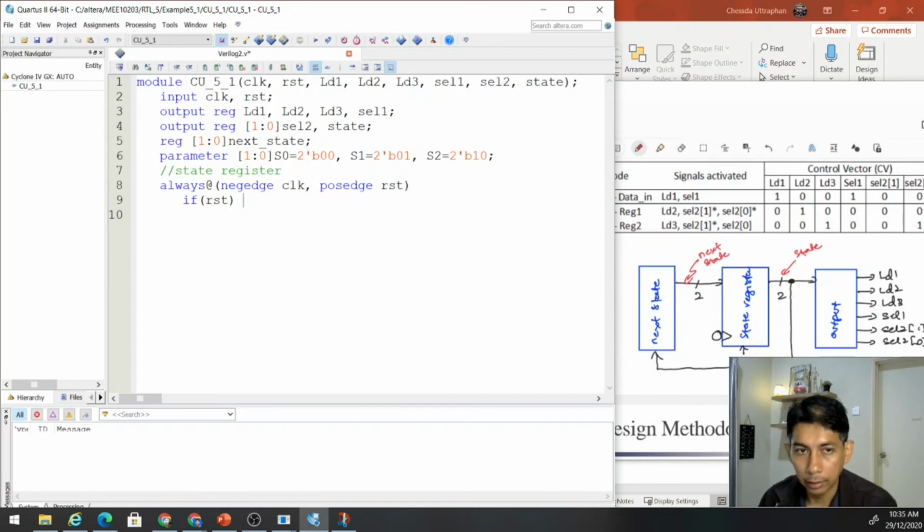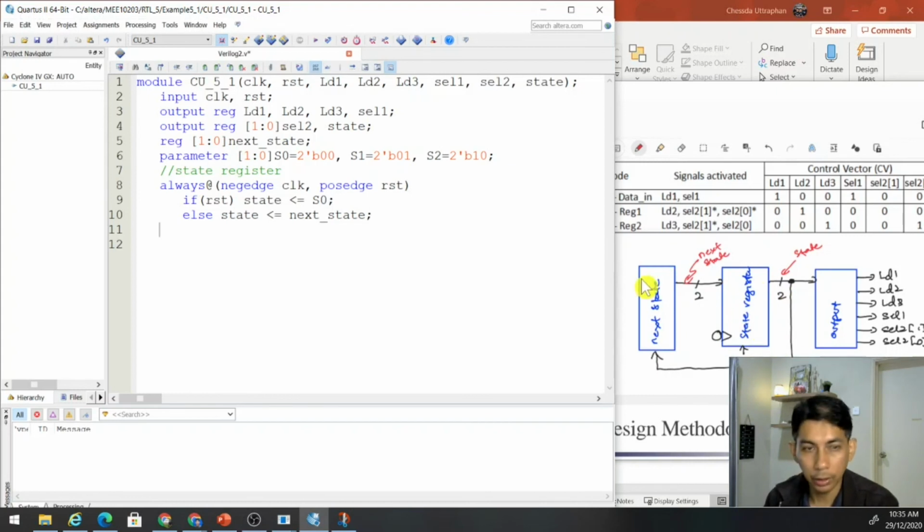The state should be equal to 0, or in this case when reset, we are at state 0. Else, okay, if not reset, state is equal to the input of this flip-flop, right? Next state.